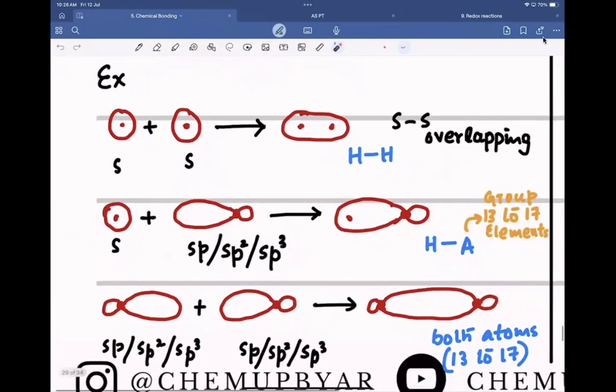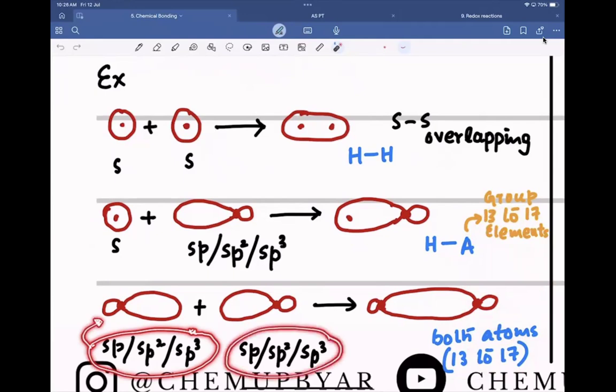Now if the covalent bond forms between two atoms from group 13 to group 17, like a bond between carbon-carbon, carbon-chlorine, nitrogen-oxygen, chlorine and nitrogen, fluorine and oxygen, nitrogen with sulfur, or sulfur with oxygen, any two such elements bonding covalently transform their orbitals into sp, sp2, or sp3, and its shape is going to be like this.